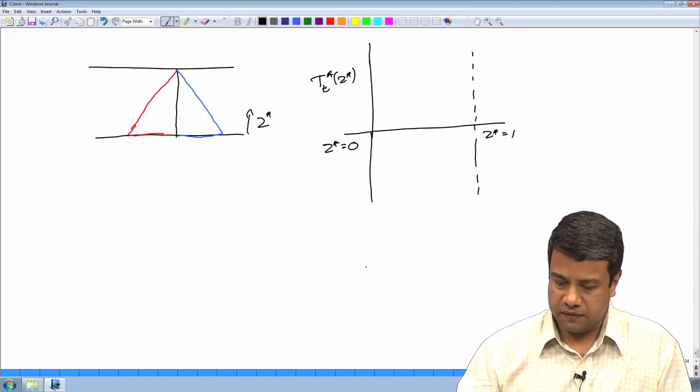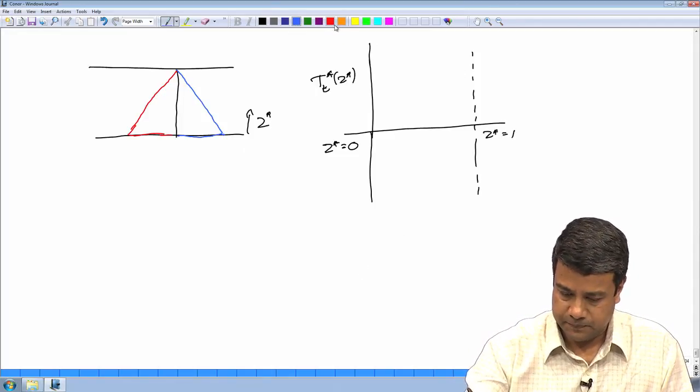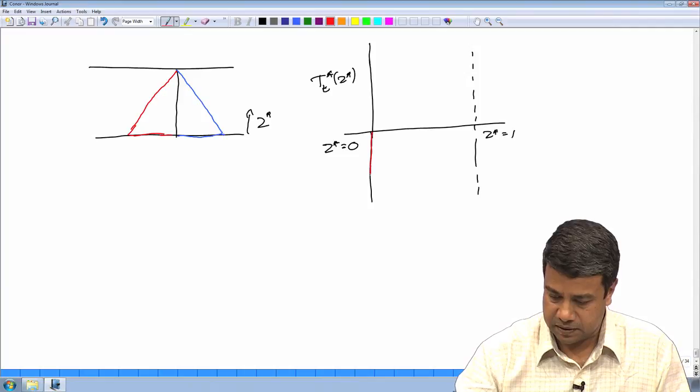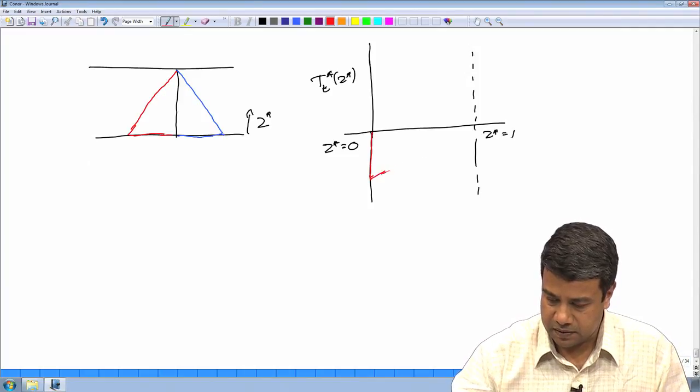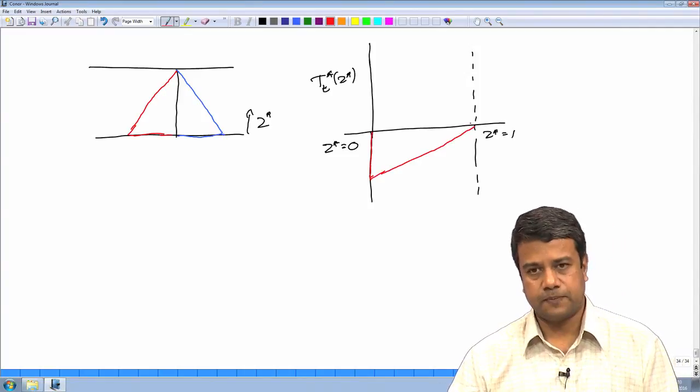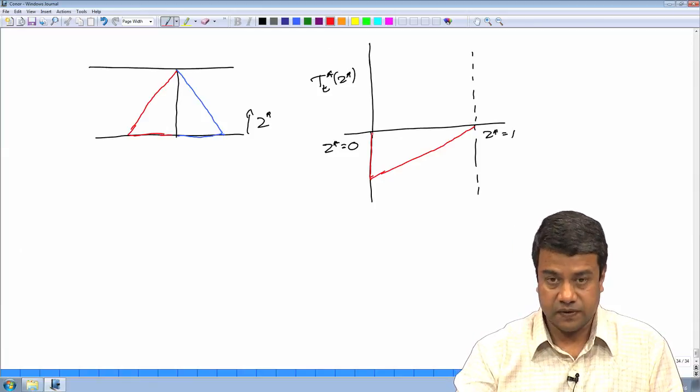I get a function that looks something like this, for the transient part of the temperature. Note that this is 0 over here as well.